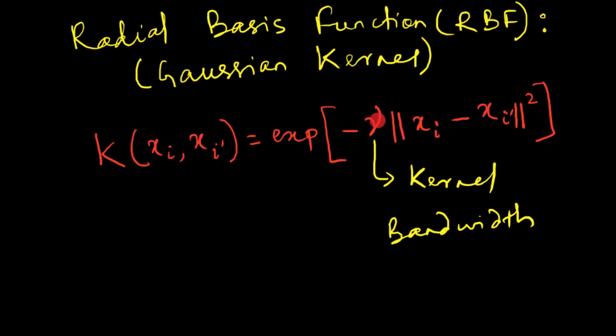If gamma is high, then even if this is a very small number, your exponential will go to 0, obviously assuming that your gamma is always positive. And one more reason why this is popular is because this is based on the Euclidean distance, and so has some nice properties which are useful in many SVM classification problems.